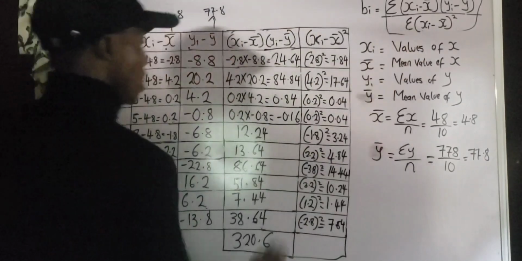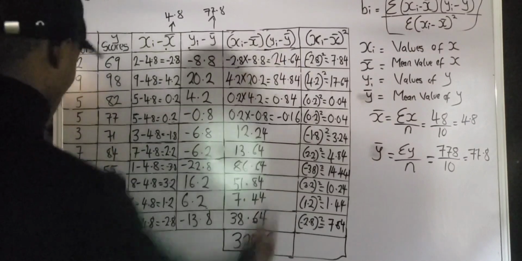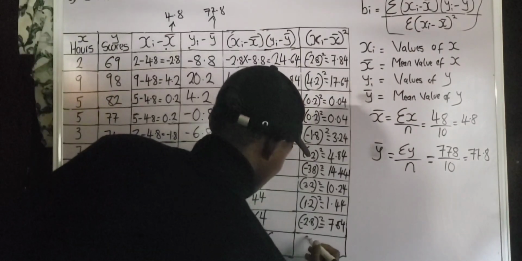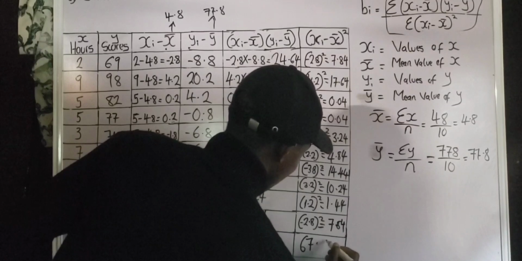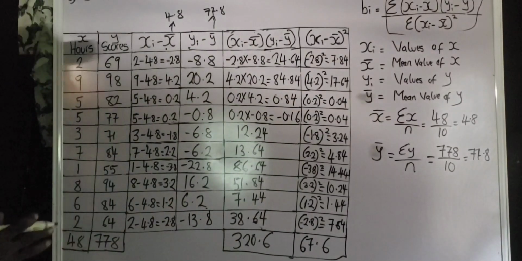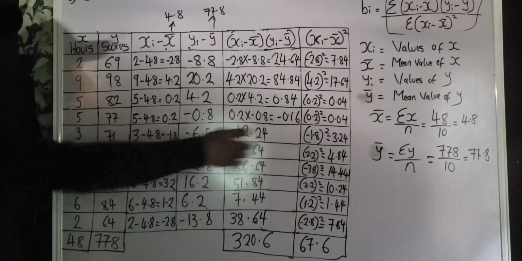If you take the summation of this column, you are going to get 67.6. Do you understand how I am taking it one by one? The first step is to determine your gradient, and in order to determine the gradient, that's how I have this table.